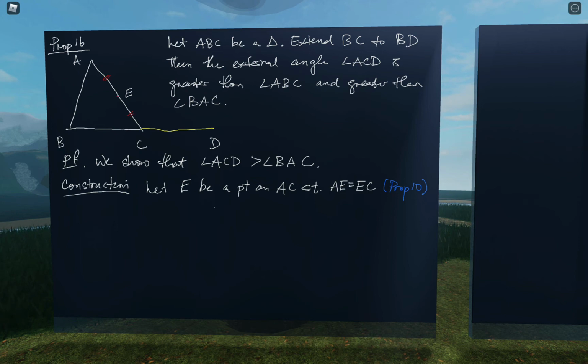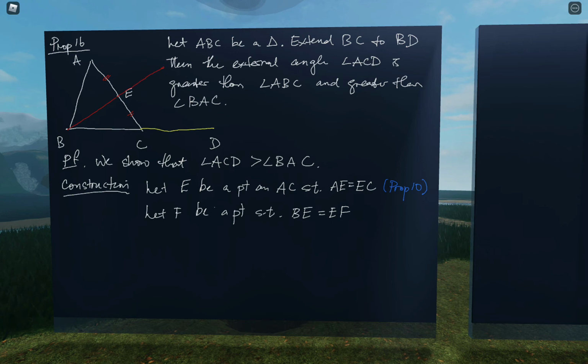So the next line of construction is that we let F be a point, not on AC, just a point, such that BE is equal to EF. So draw this in. BE is here, and EF is here.